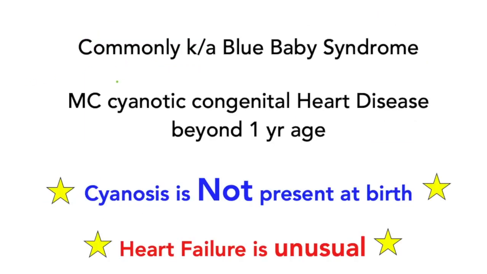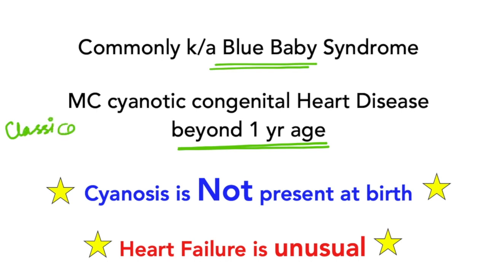So let's see some one-liners about tetralogy. It is commonly known as blue baby syndrome. It is the most common cyanotic congenital heart disease beyond 1 year of age. If the exam says tetralogy, then it means it is about classical tetralogy. There are a few forms of complex tetralogy that can present with cyanosis before 1 year of age. So the most important thing is it is the most common cyanotic congenital heart disease beyond 1 year of age.